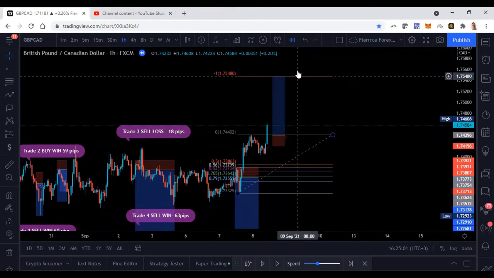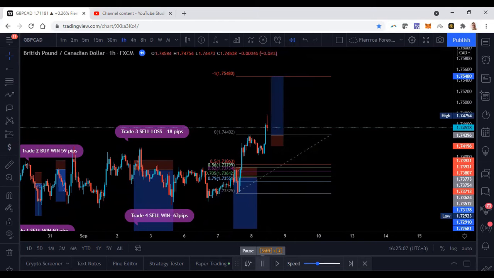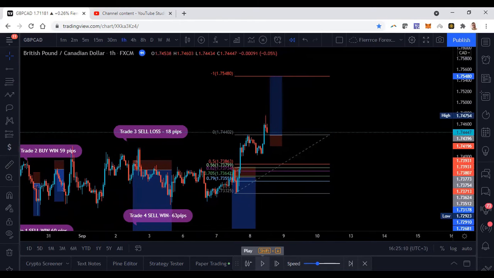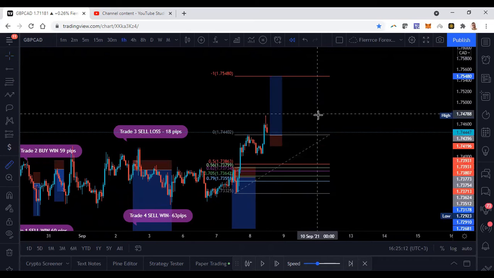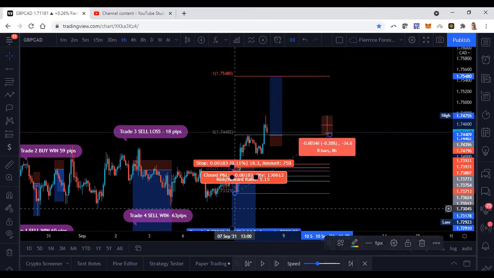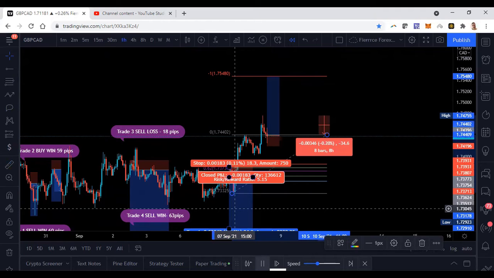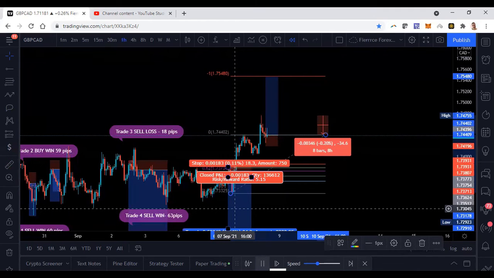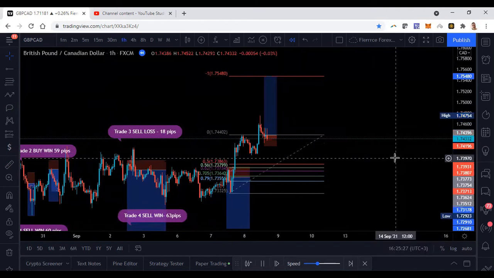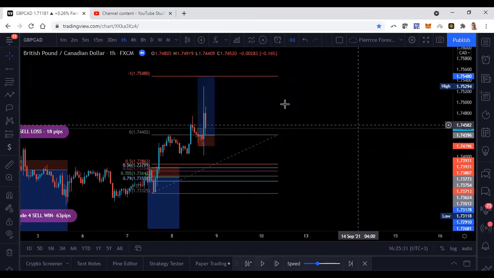So there we go. Trade has executed. I'm hoping we go all the way up. Right now, as we speak, we bagged about 37 pips. Okay, so this is very interesting.